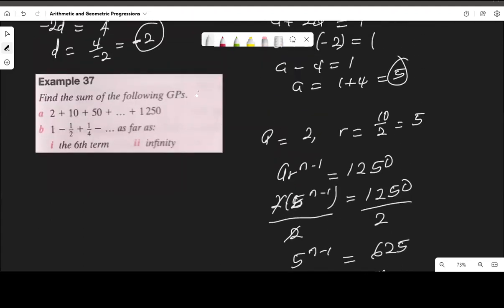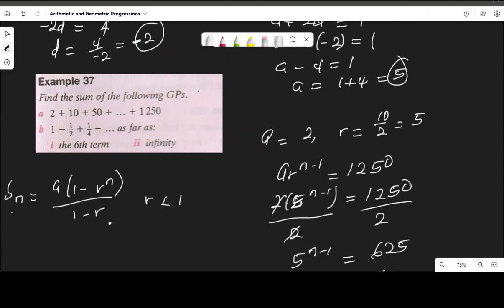So we have found n, and we know A and R from the question, so we can find the sum of the GP. Now there are two formulas for calculating the sum of a GP depending on the value of R. If R is less than 1, the formula is Sn equal to A multiplied by 1 minus R to the power of n, over 1 minus R. This is for R less than 1.